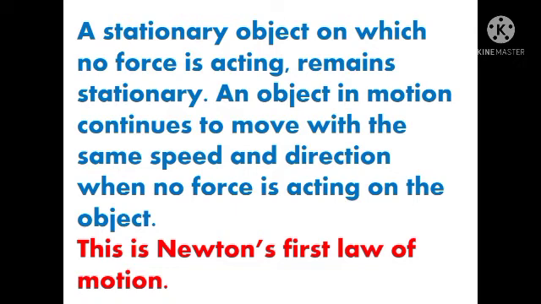What is it saying, students? When an object is moving continuously, it moves with the same speed and in the same direction. So, when no force is acting on the object, no force is required for an object in motion to move with the same speed and direction.